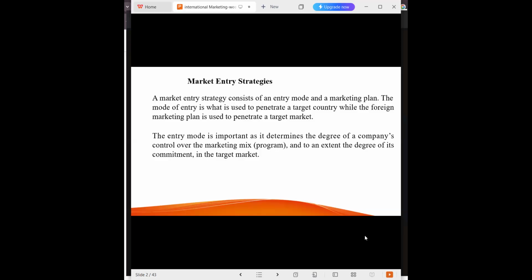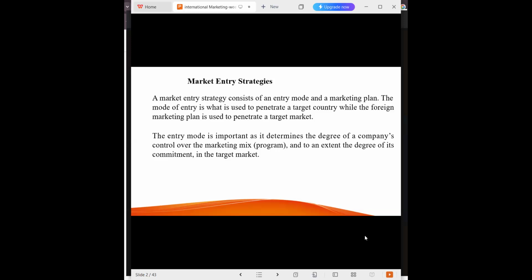And the entry mode is quite important because it determines the degree of a company's control over its marketing mix, that is over its product. The entry mode will determine the degree of control over the product, over the price in that foreign country.